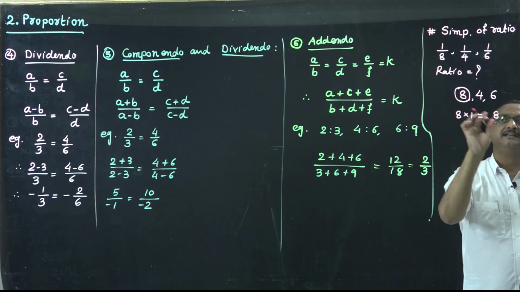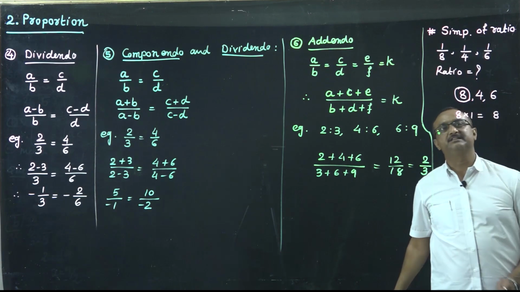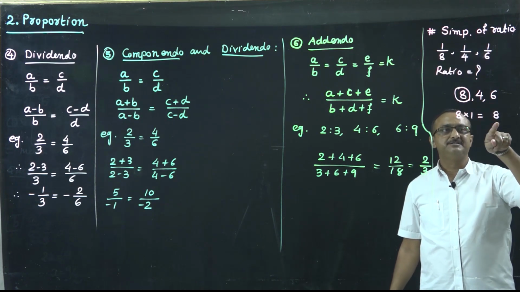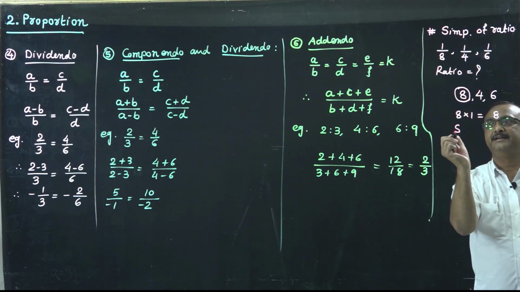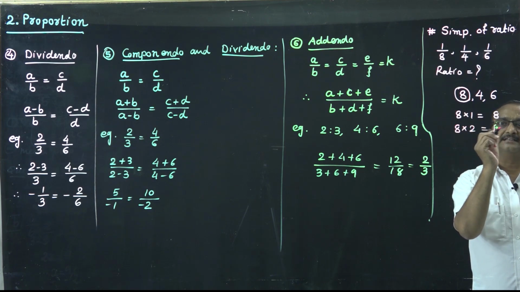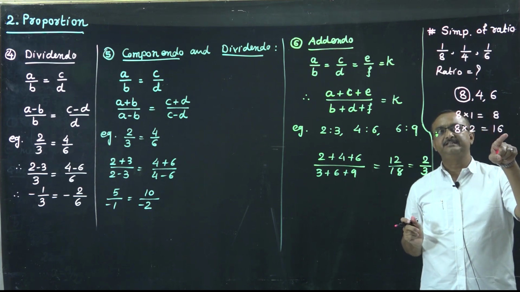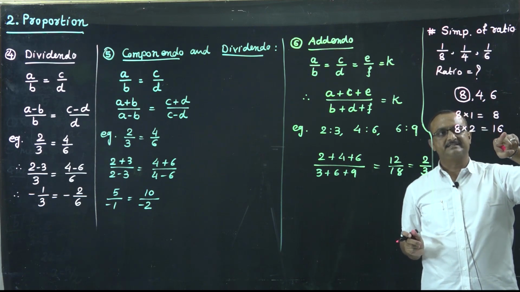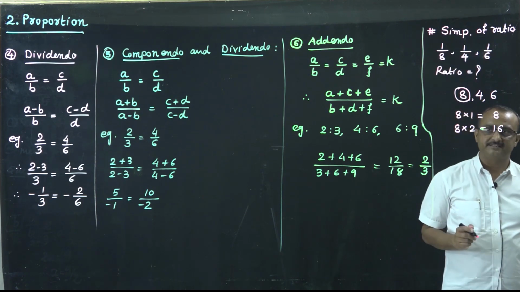Can this 8 be divided by all three numbers? No. 8 cannot be divided by 6. Now 8 2s are 16. Can 16 be divided by all three numbers? No, because 16 cannot be divided by 6.